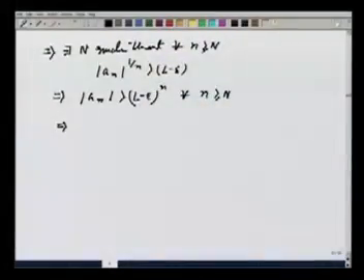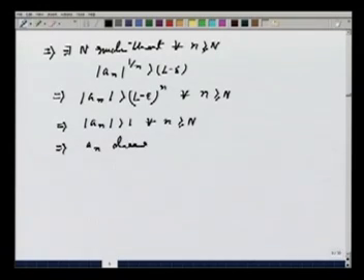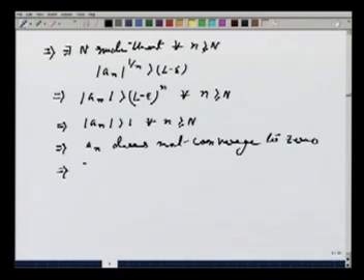So this would imply that modulus of an is bigger than 1 for all n bigger than or equal to capital N. This certainly implies that an does not converge to 0. This implies that summation an does not converge.